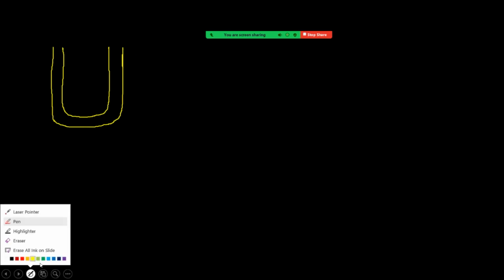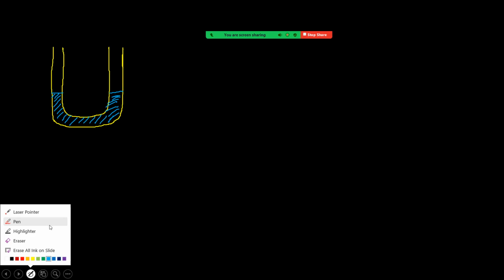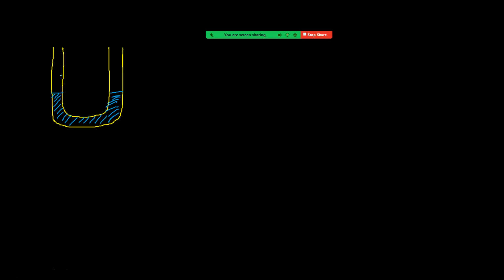And in that you can see mercury at same level in both columns. This is mercury. Next, coming to left column, it is given water height H1, which we have to find out, which we have to measure.